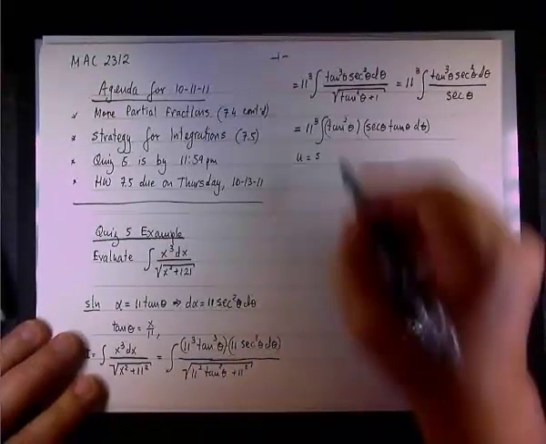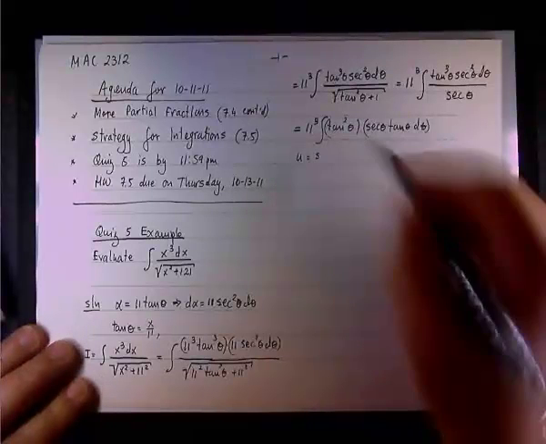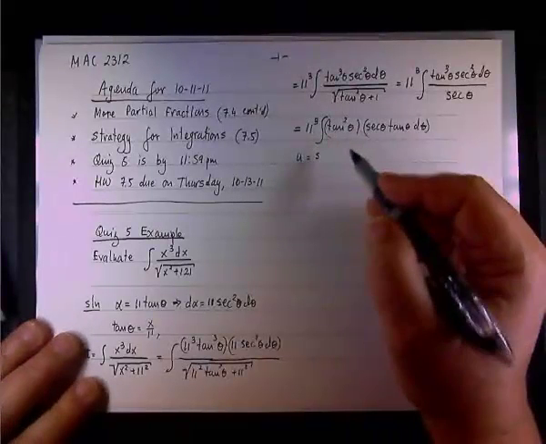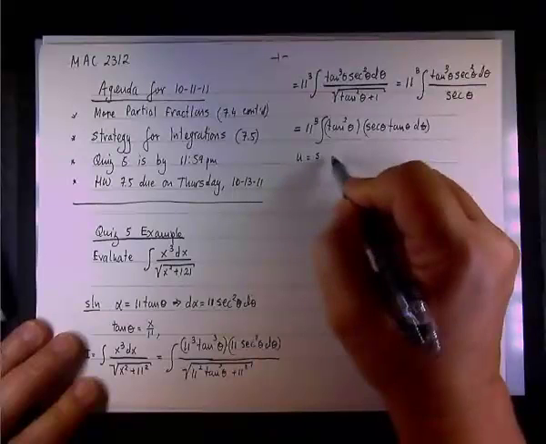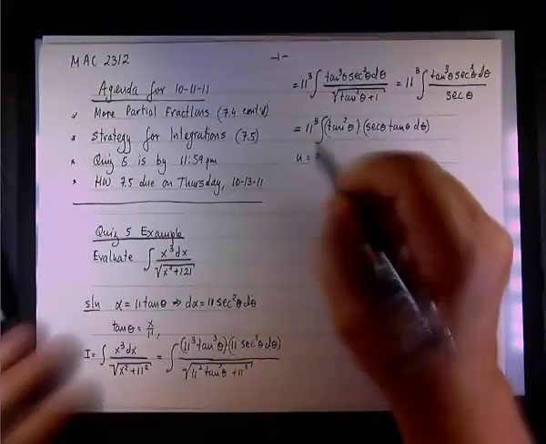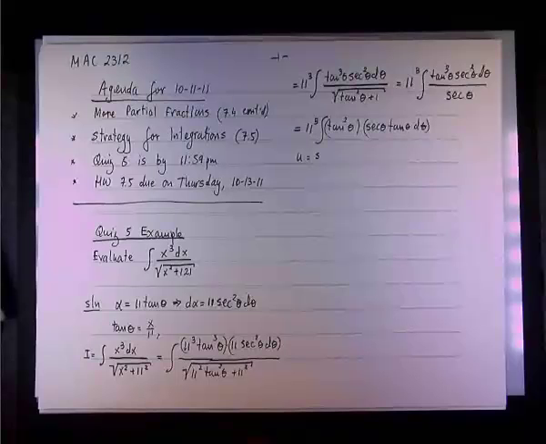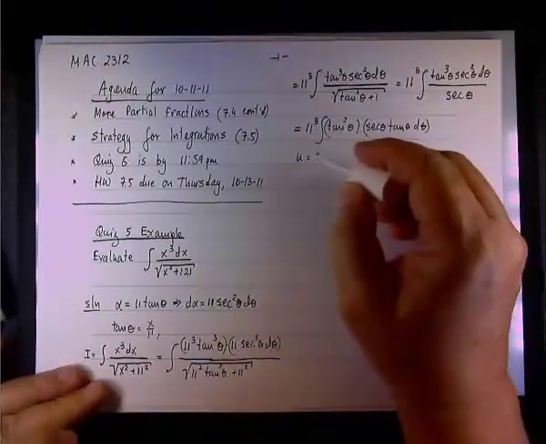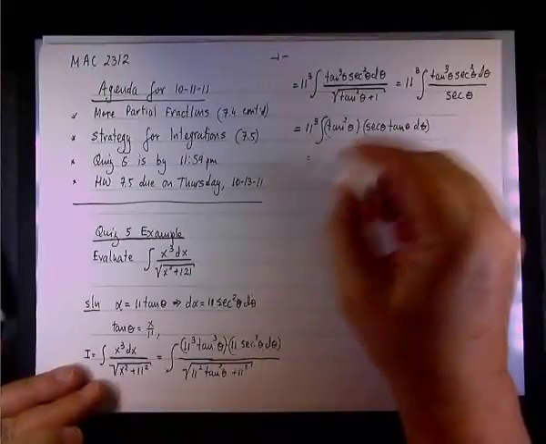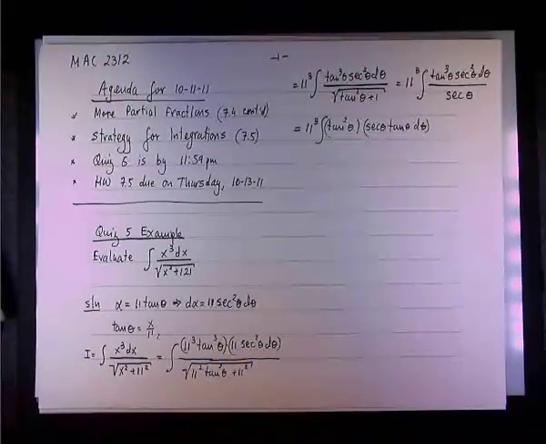And now I'll let u equal a secant. Well, there is one more step to do. The tangent squared is secant squared minus 1. So let me use a little bit of whiteout here. One step before we do the substitution, but you can see the motivation here.